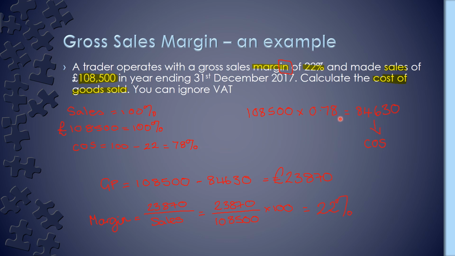And that's what we worked out over here. 108,500 multiplied by the 78% gives you this 84,630. We've got that figure now, so we can work out our gross profit. And then once we've got our gross profit, we can put it back into the formula that we've been learning previously, which then just proves that our margin here, 22%, is what we're given in the question.